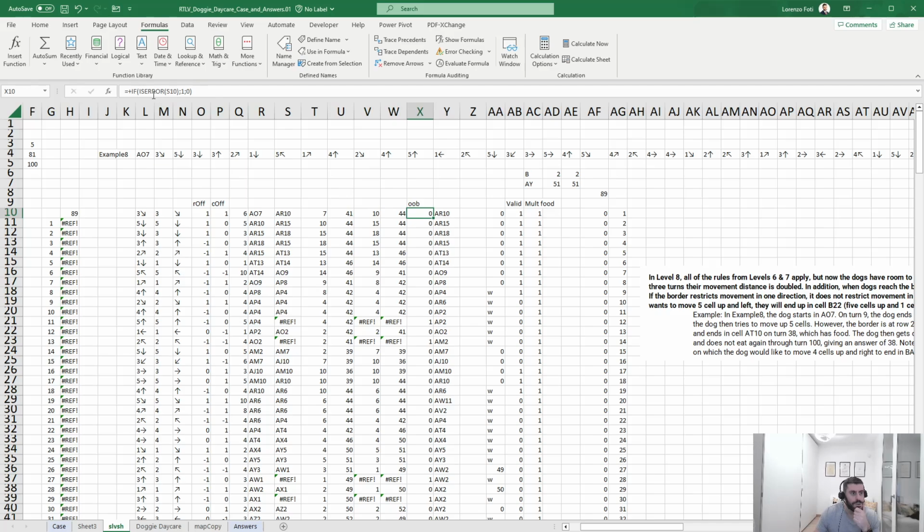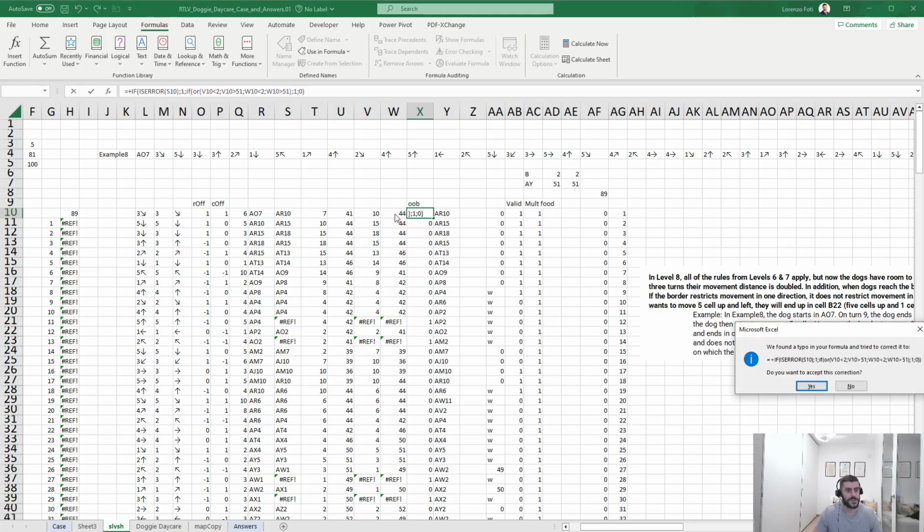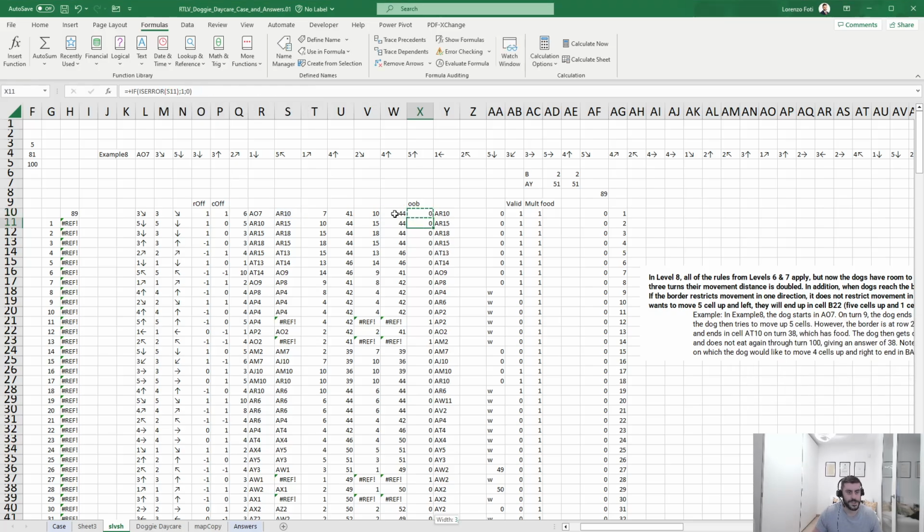So row and column. So if is error, this equals okay. Otherwise, if this less than 2, this greater than 51, this less than 2, this greater than 51, it's 1, otherwise it's 0. So that's the problem.